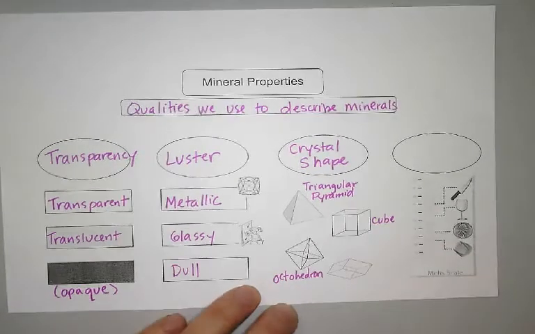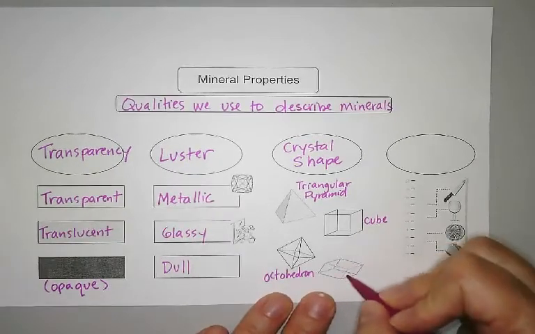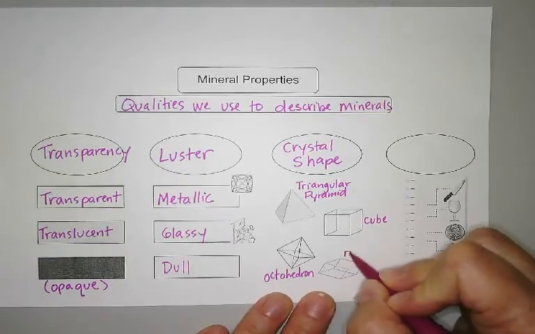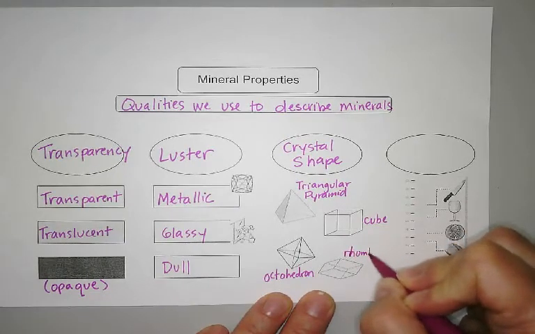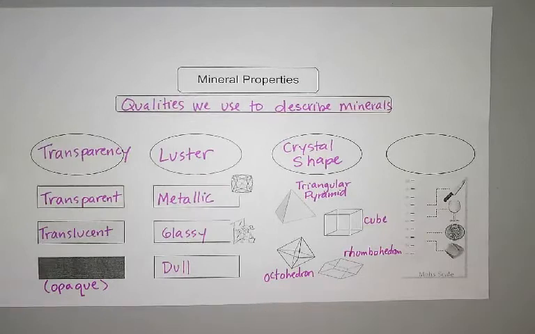That has 8 sides, like an octopus has 8 legs, or an octagon has 8 sides. And then this is a rhombohedron. And that is like a rhombus. That is like if you took a cube and made it look more like a rhombus.